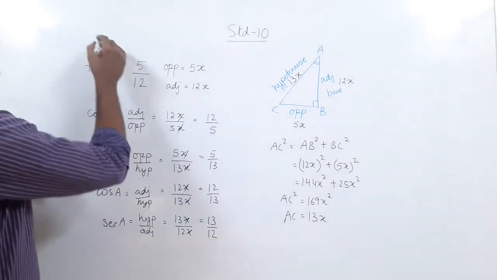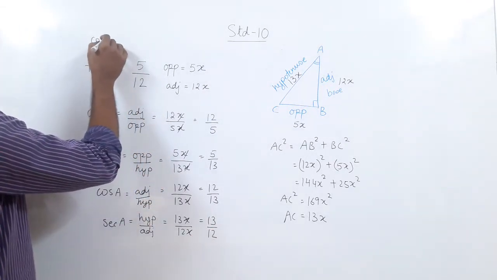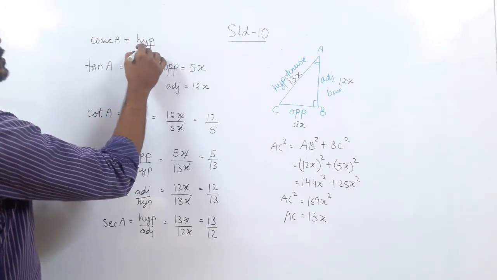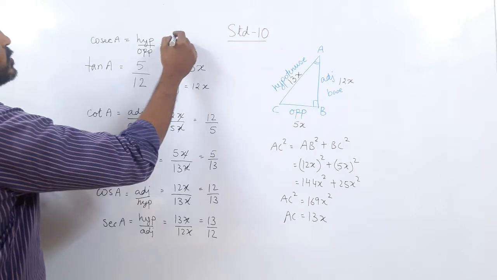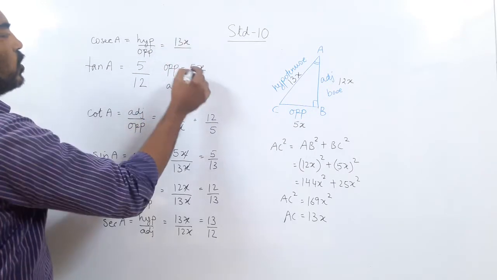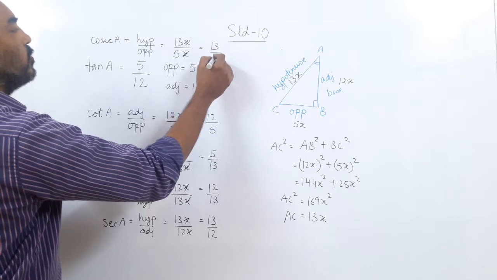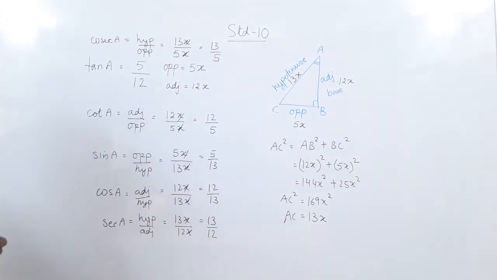And the last I will write here, the cosec of A is the ratio of hypotenuse to the opposite side. So the hypotenuse is 13x, the opposite side is 5x. So 13 upon 5. So what did you understand in this sum?